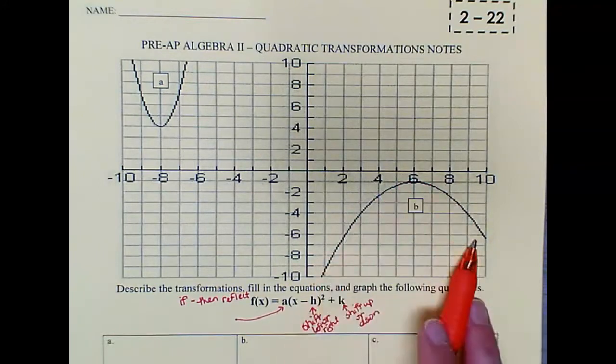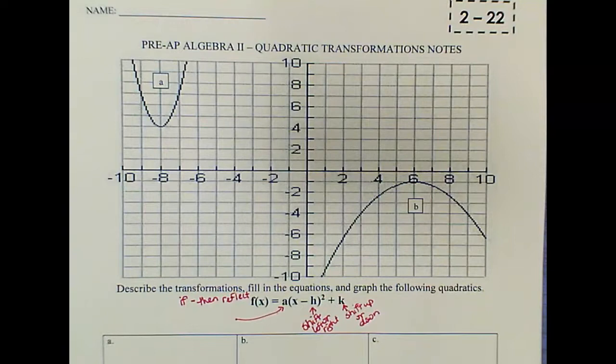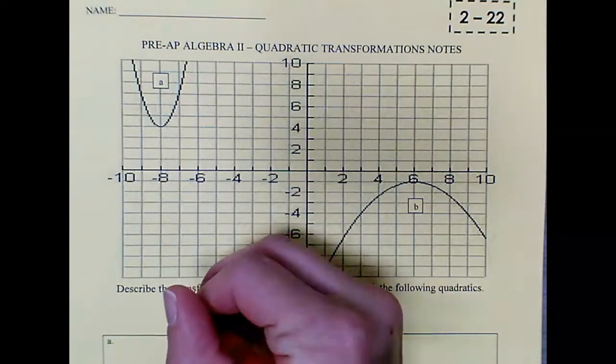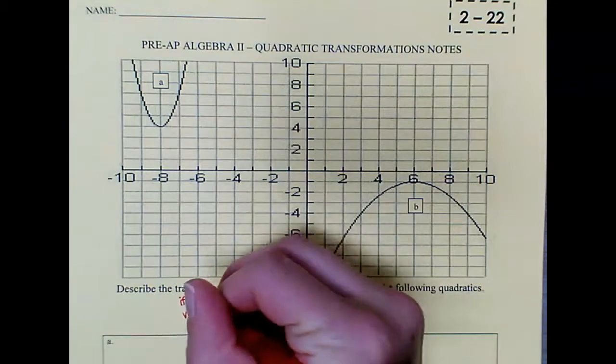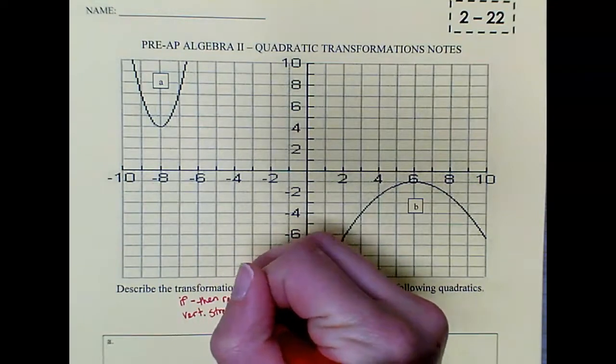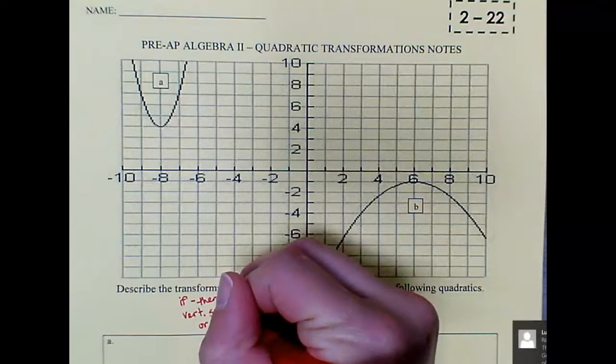So you need to make it open down. But A could also stand for a vertical stretch or compression. So it's kind of like your scale factor for your parabola. So a vertical stretch or compression.